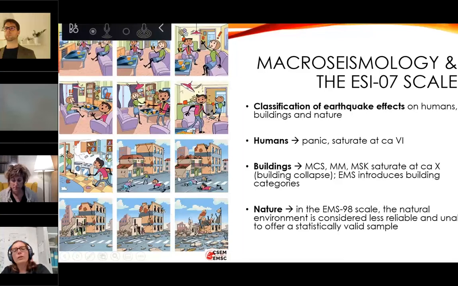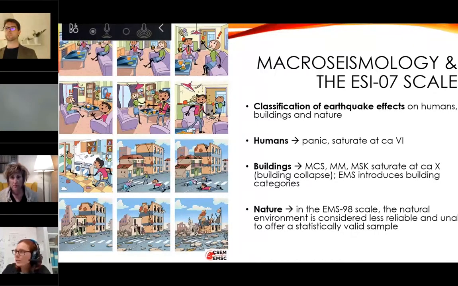And finally, we have the effects on nature, so on the natural environment. This is a little bit trickier, because in current practice, for instance in the EMS scale, such natural effects are considered not really reliable because they are supposed not to provide a statistically sound sample.